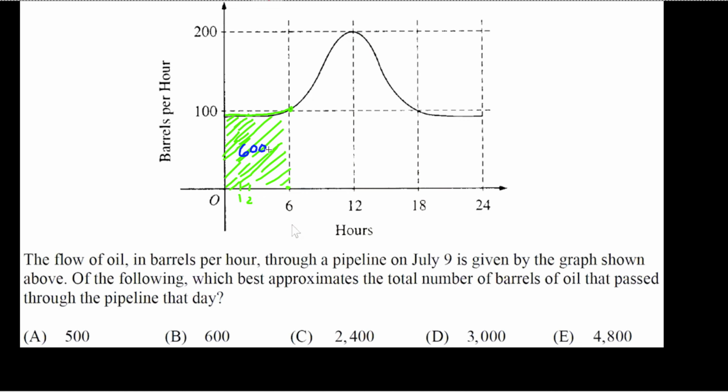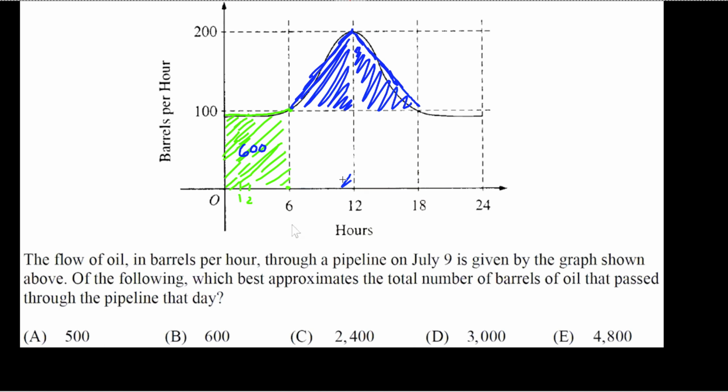And you just really want to find out the area for this whole thing, and that'll give you a sense of how many barrels there are. And we just need to approximate that. So I'm approximating this area at 600. Then I'm going to say that this area right here is about the area of this triangle, and this one is very, if not perfectly, symmetric to the other one, so these two areas will be equal.